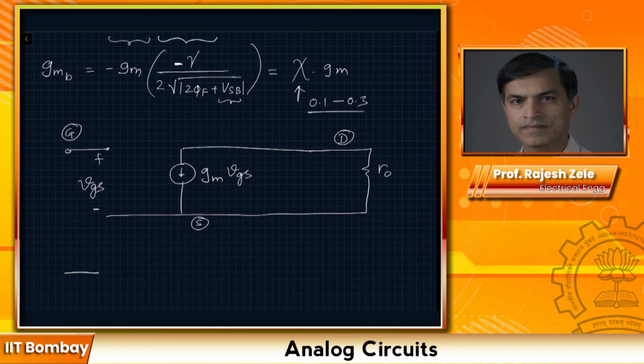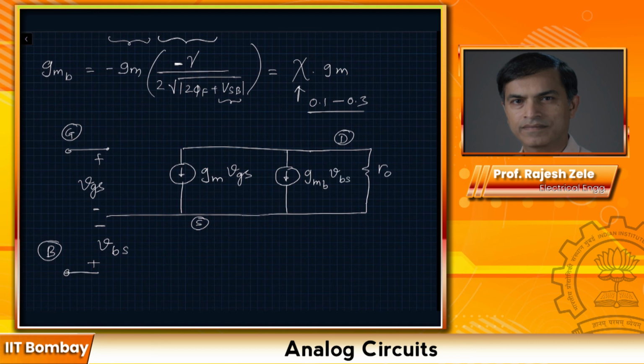Now we have brought in one more terminal, which is the bulk or the body, and here is our potential VBS, the backgate potential. So this will insert another transconductance, which is gmb times VBS.